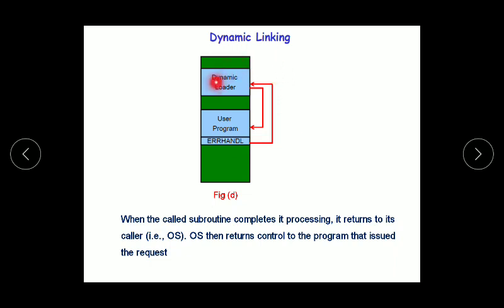In turn, this operating system will return the control to the user program. Okay, first this arrow mark and next this arrow mark, because the user program called the function error handler. It is loaded with the help of the dynamic loader. So after finishing, error handler will return the control to the OS or the dynamic loader. In turn, the dynamic loader will return the control to the user program.